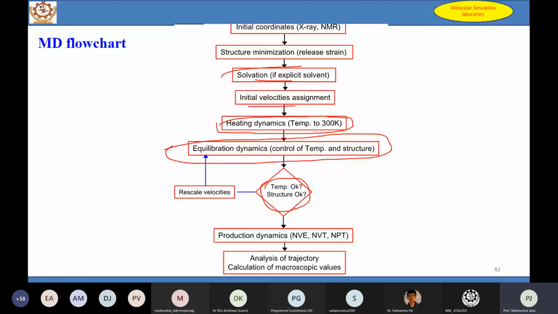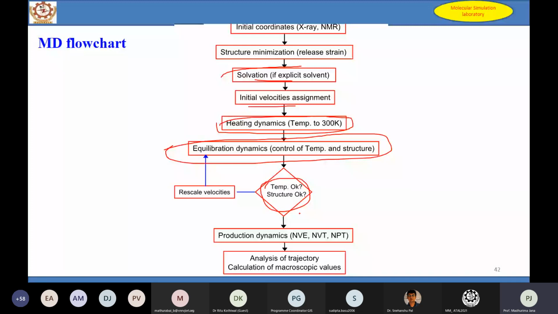Sometimes we have to constrain some bonds, sometimes we have to keep the water molecules fixed, sometimes the protein molecule fixed, and so on. But when I reach the production dynamics, there should not be any constraint. All the molecules in the system should be free to move. Then this will give you the production dynamics.